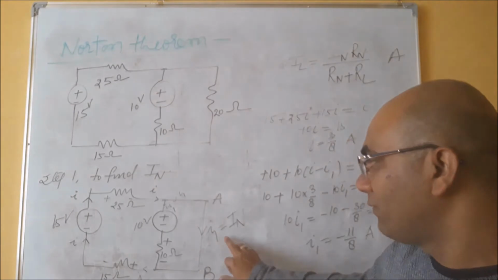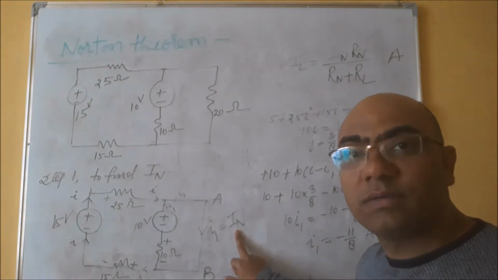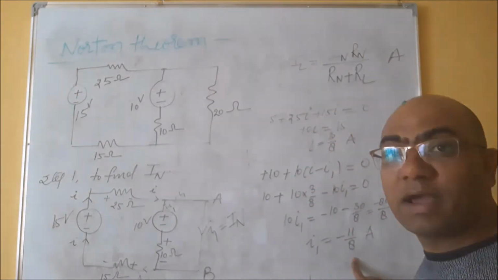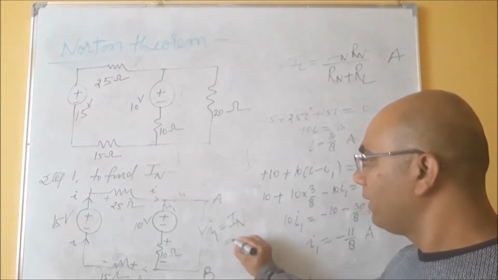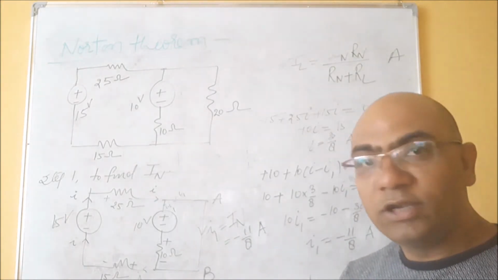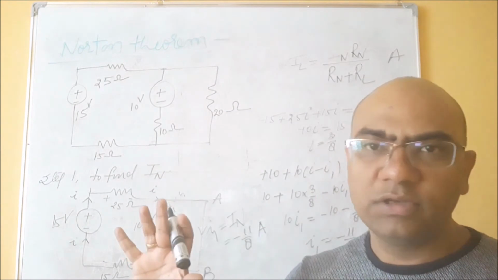So the value of I1 is called the Norton current IN. I1 is minus 11 by 8, so the value of IN will be minus 11 by 8 ampere. And as I have already told you, we take only the magnitude, we are not bothering about the sign.